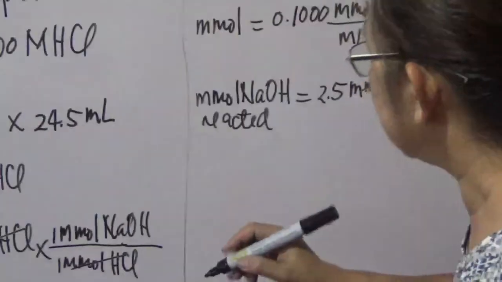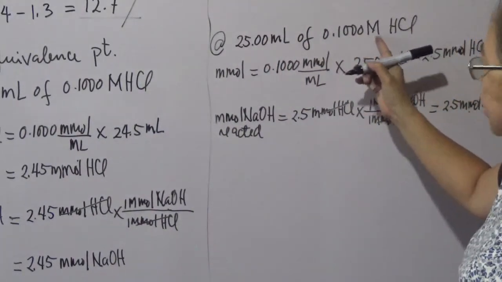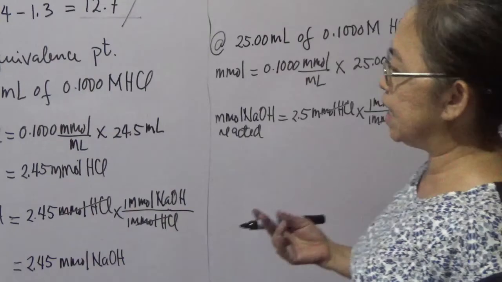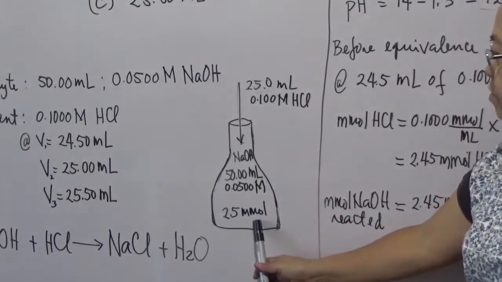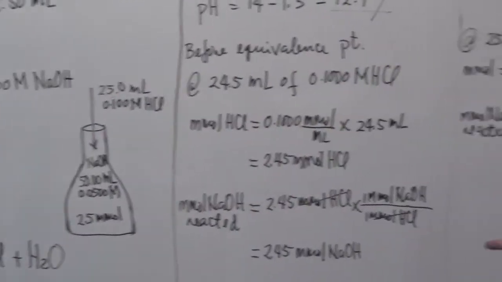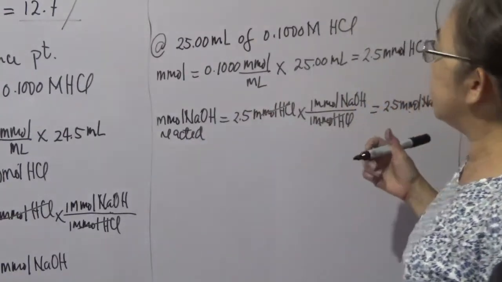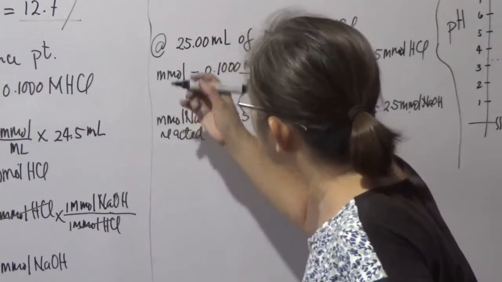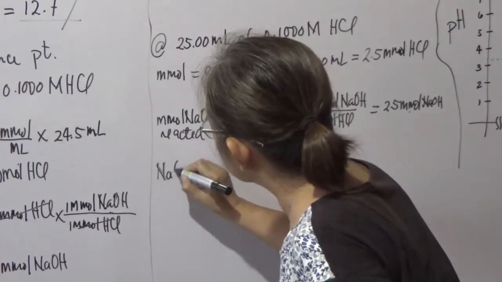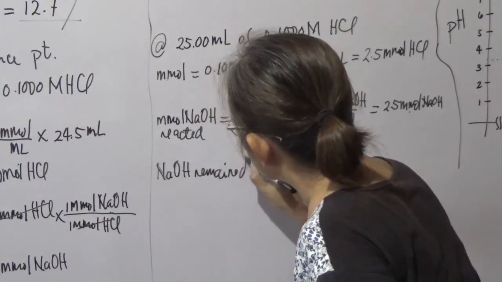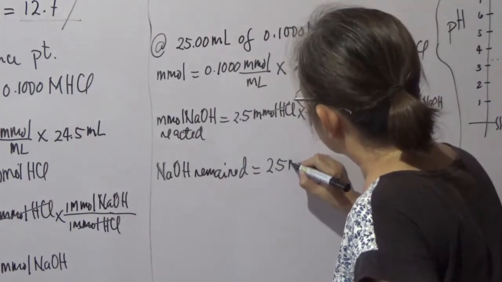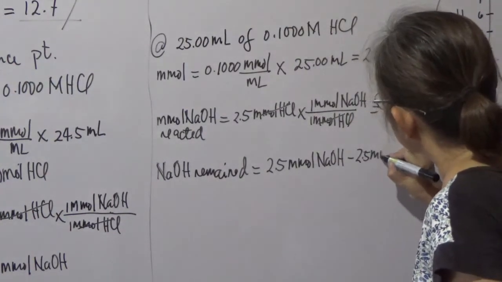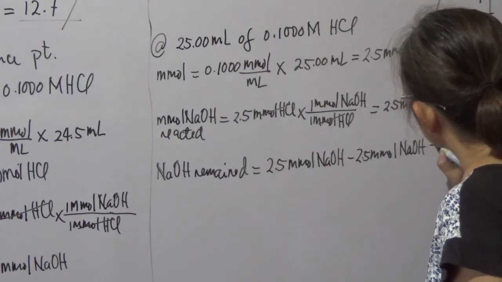All of the 2.5 millimole of sodium hydroxide is consumed by 25 ml of 0.1 molar HCl. So the sodium hydroxide that remains is 2.5 millimole minus 2.5 millimole, which is equal to 0.